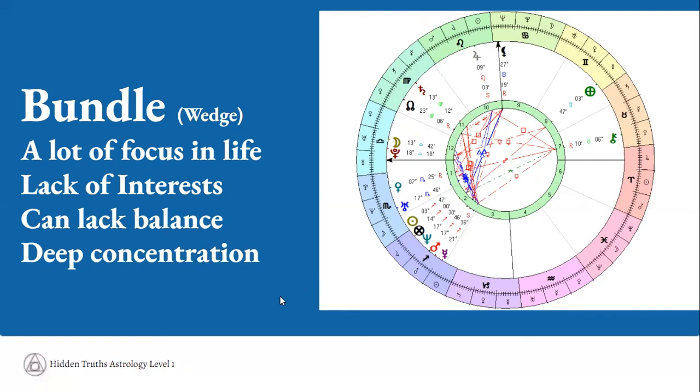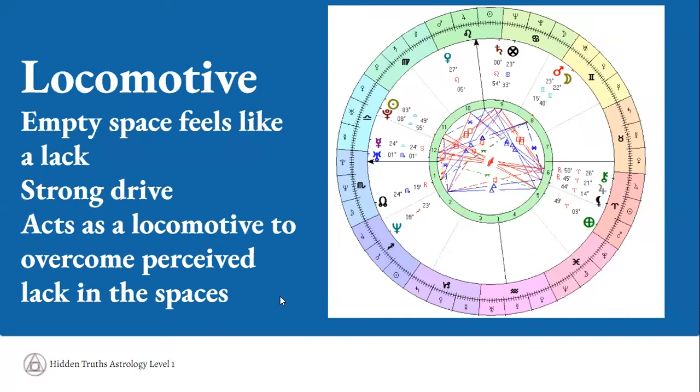The locomotive. The locomotive, as you see, all of this part of the chart is sort of clustered, but then there's these 2 houses that appear empty. So let's use the example of the Neptune. Neptune is the locomotive planet that they push into action. They have a strong drive to get through what they perceive as lack, and then it kicks in over here in the 6th house, again, across the entire chart.